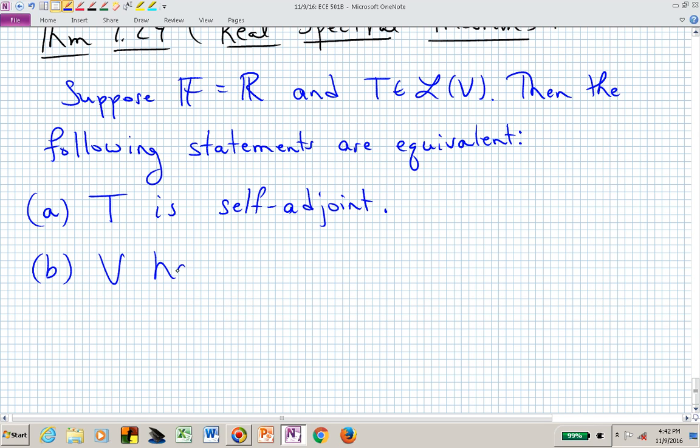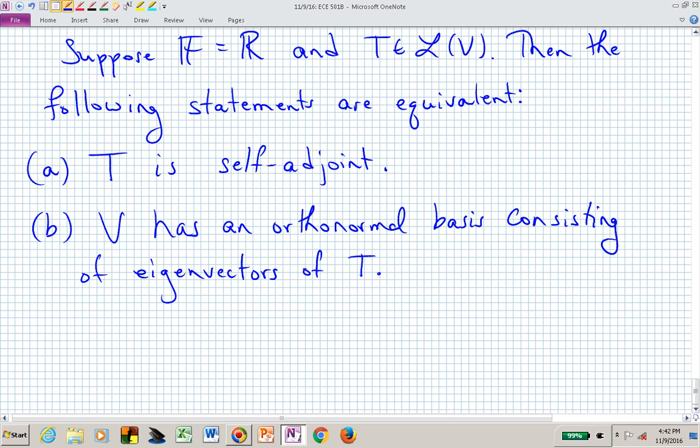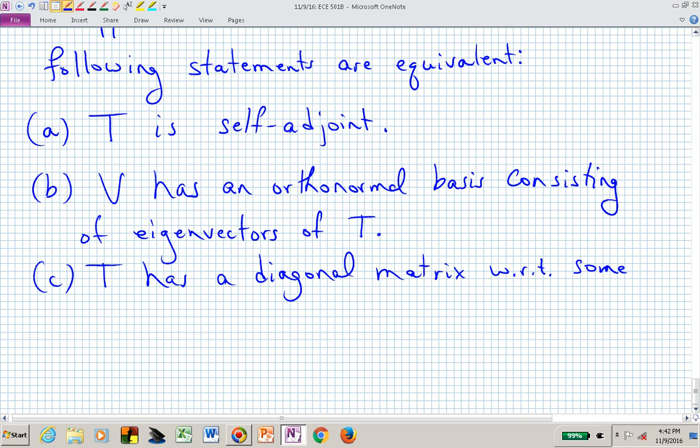Here, B, V has an orthonormal basis consisting of eigenvectors of T, and C, T has a diagonal matrix with respect to some orthonormal basis.